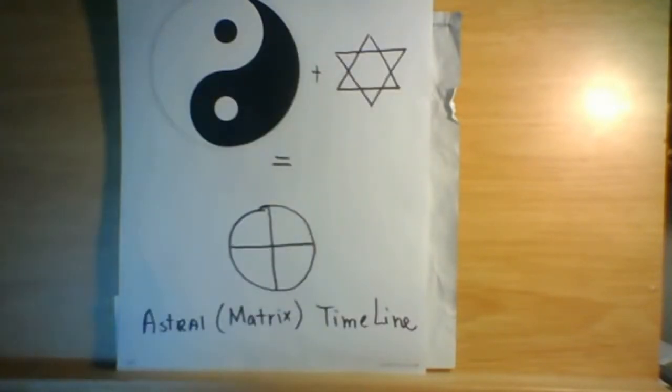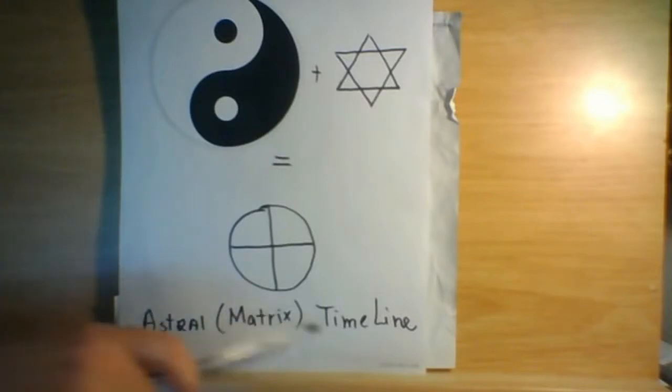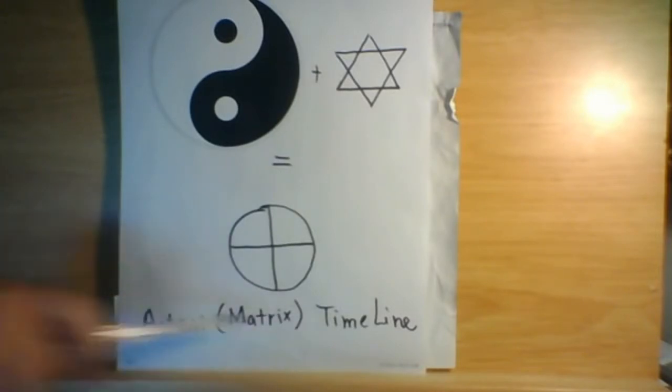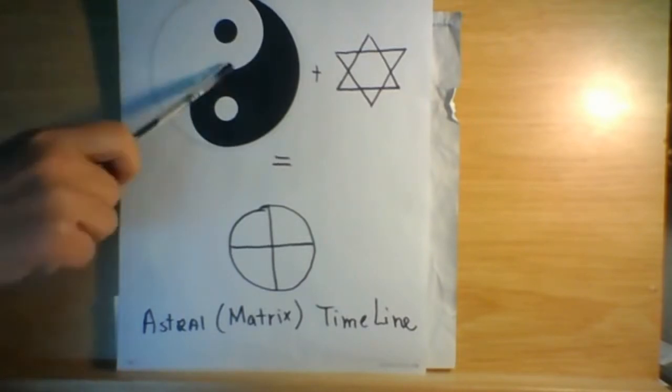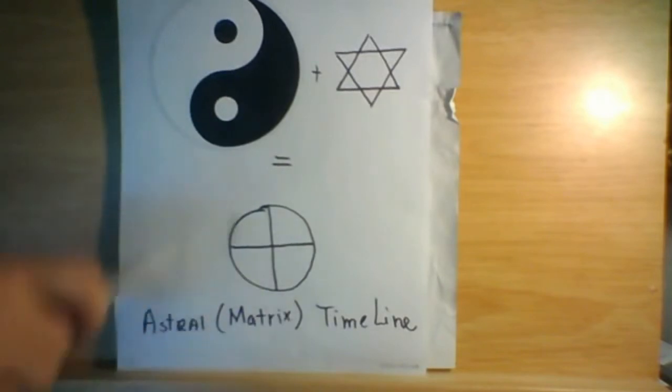That friction is what feeds the astral timeline. That's what it feeds. That friction is just like when you put two sticks together and rub them, it creates energy from the friction. The friction creates energy, and it feeds.